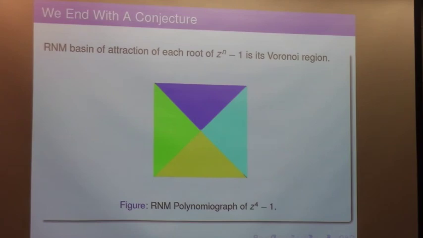But how big it is, I really don't know, for instance for z squared minus 1 or z to the n minus 1 at the origin. It would be nice to see what the actual shapes are. Well, okay, thank you very much.